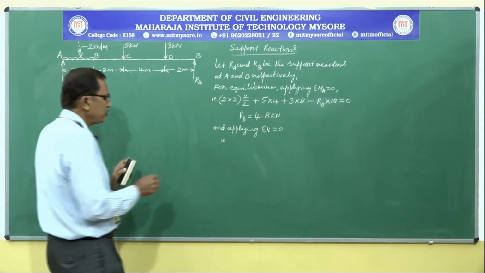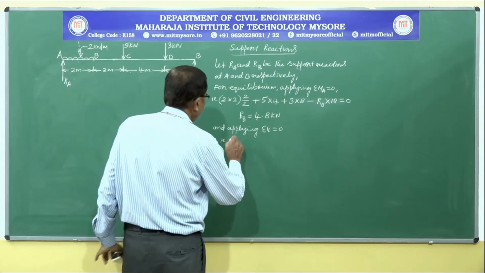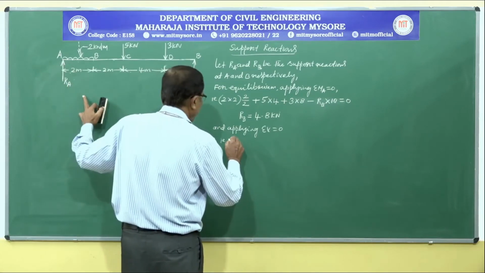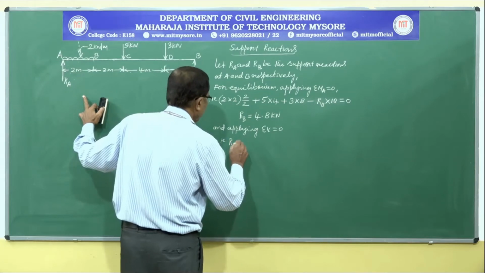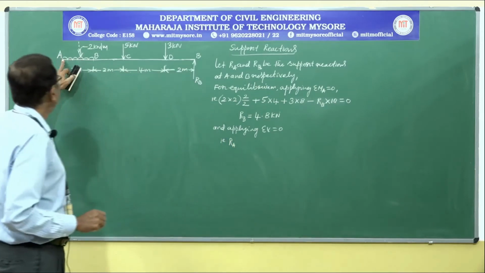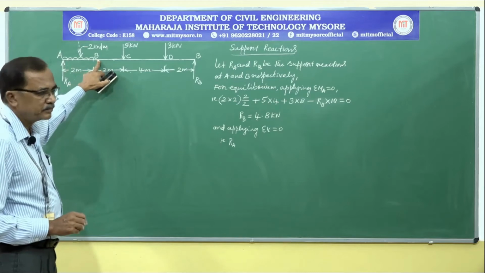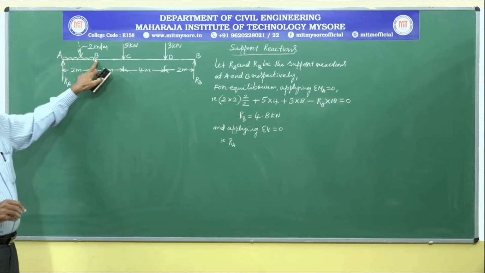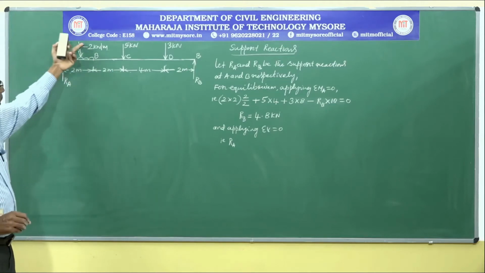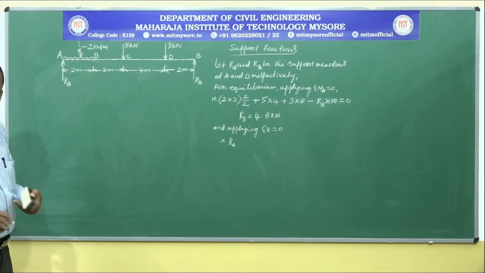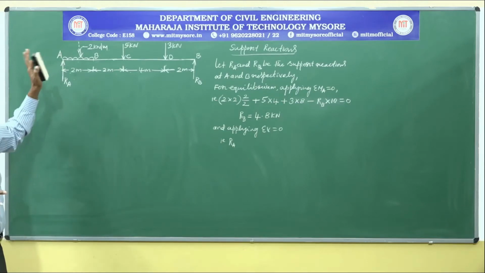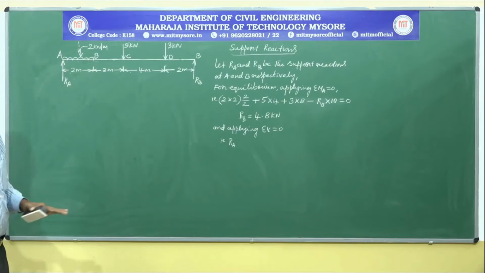At point A, the reaction acting in the upward direction is treated as positive, RA. Between A and B there is UDL. Convert the UDL to a point load, and it is acting in the downward direction. We want only direction here, since we are considering only loads.